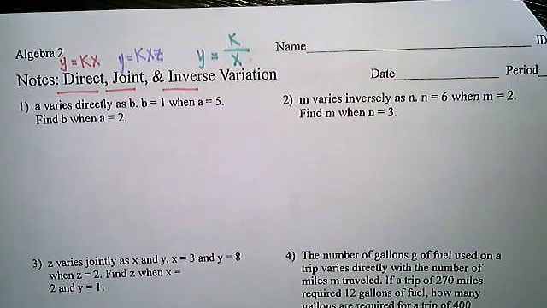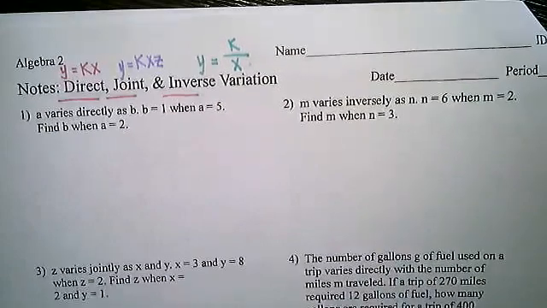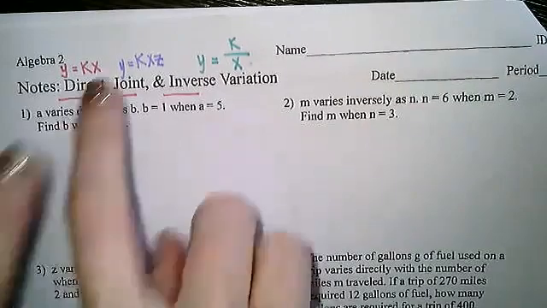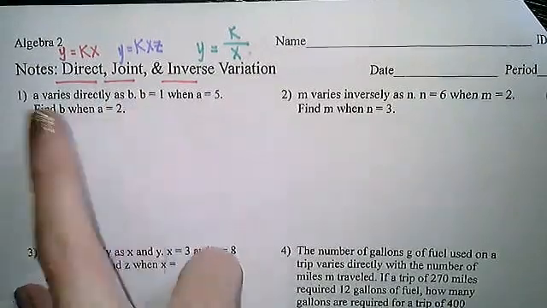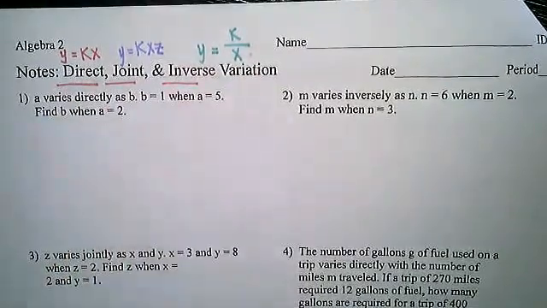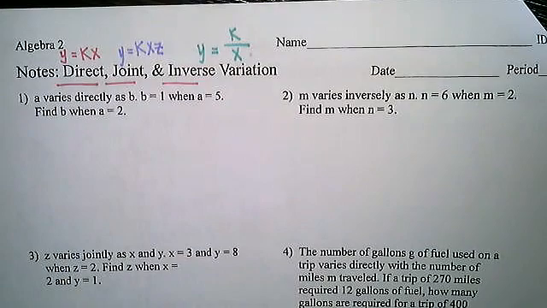So usually we think of the letter c being a constant, but for some reason they use k as a constant. And the variables are not always y, x, z, or y and x. In these cases, it's really whatever letters are in the problem.